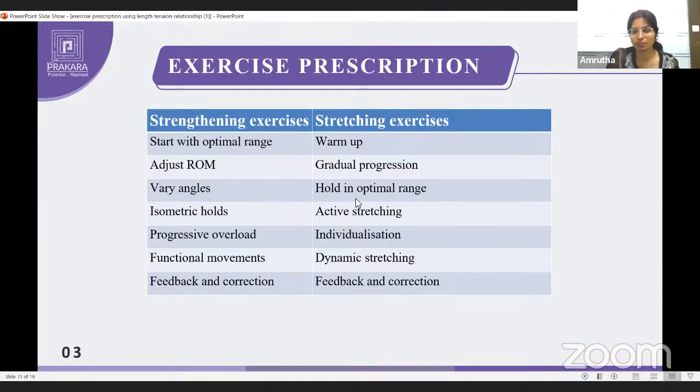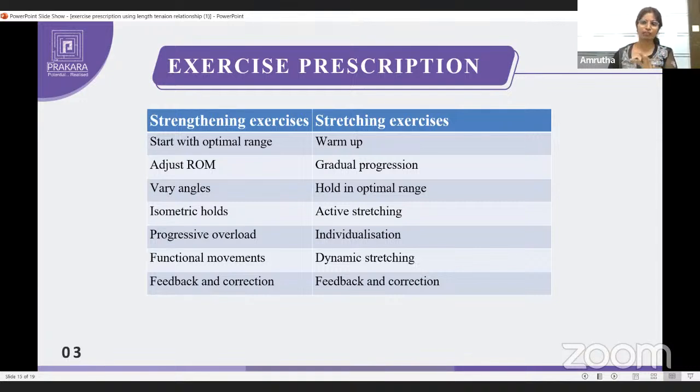Next, hold in optimal range. So I'm telling you, do a trapezius stretch. Once this is done, hold it. Most of them will be holding it here because I am asking them to hold it here. Hold it when you feel the stretch over the trapezius. Once you feel the stretch, stop.